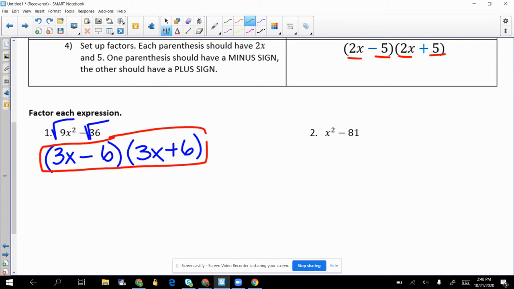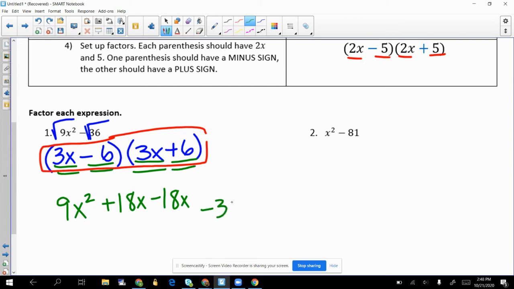Okay, now I will say that again, you can check your work. So we could FOIL this back out and do 3x times 3x, which is 9x squared. And then you could do your outers, so 3x times 6, which is positive 18x. And then your inners, negative 6 times 3x, which is negative 18x. And then negative 6 times positive 6, which is negative 36.